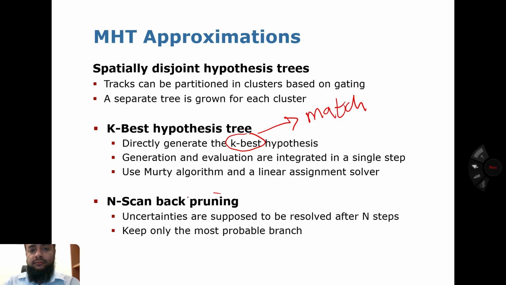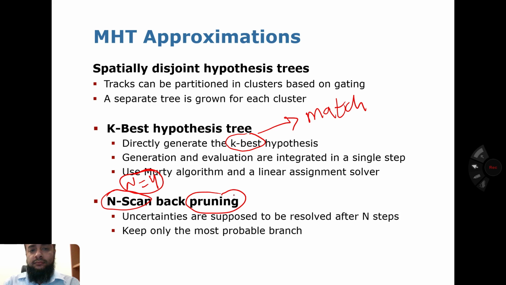What is meant by pruning? Pruning means these algorithms check after n scans. For example, most algorithms use the value n equals 4, meaning after every 4 scans they check if the probability is less than some pruning threshold, then those measurements and hypotheses are deleted where the probability is less than the pruning threshold.